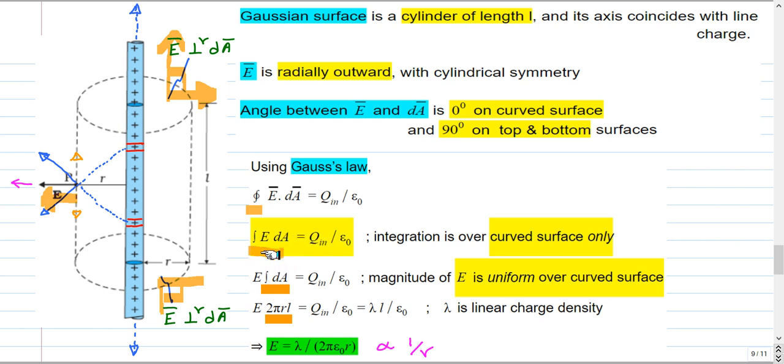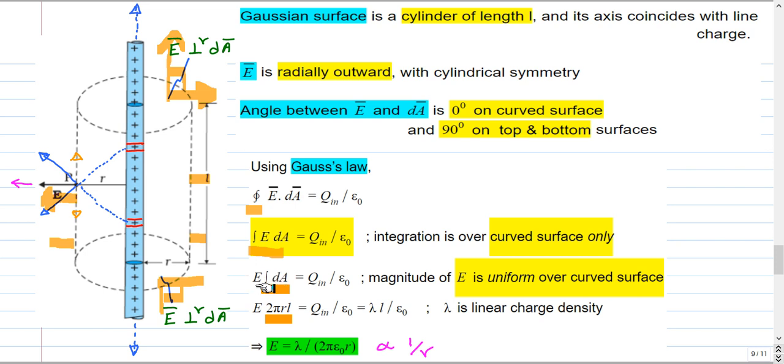And on this curved surface, the magnitude of the electric field is uniform because all the points on this curved surface are at the same distance r from this line charge. So the electric field magnitude will come out of the integral sign.